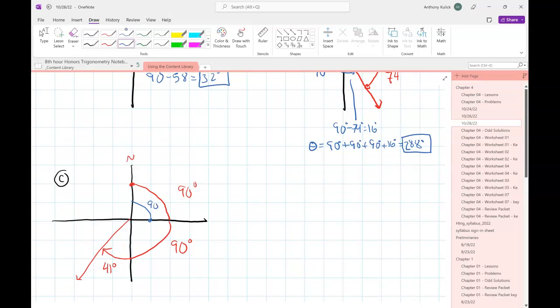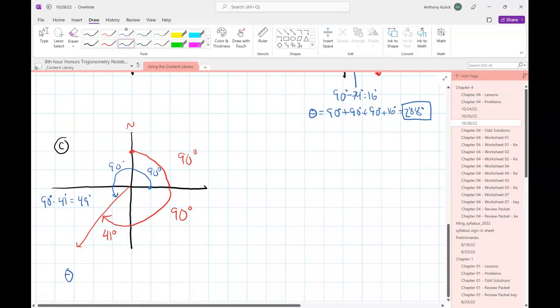And then how much is that last section got to be? 49. Yeah, 90 minus 41, which is 49 degrees.